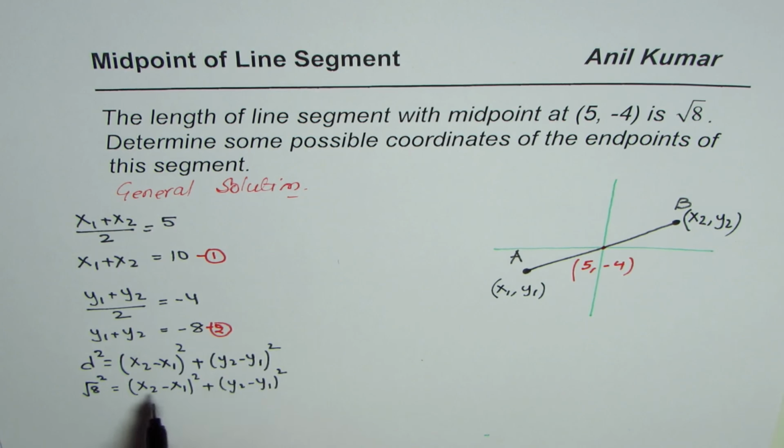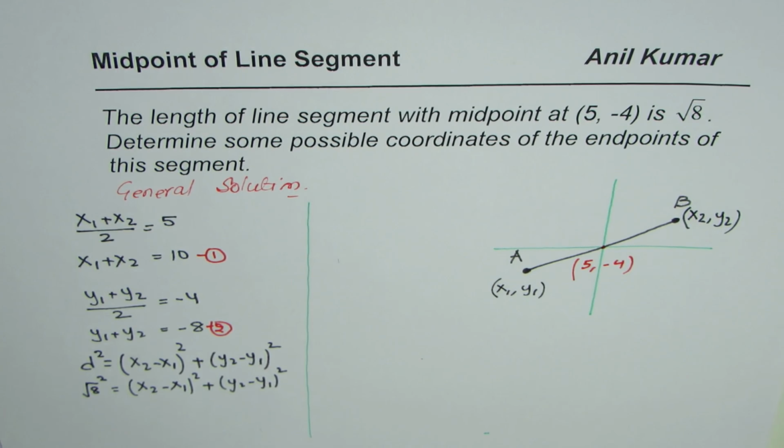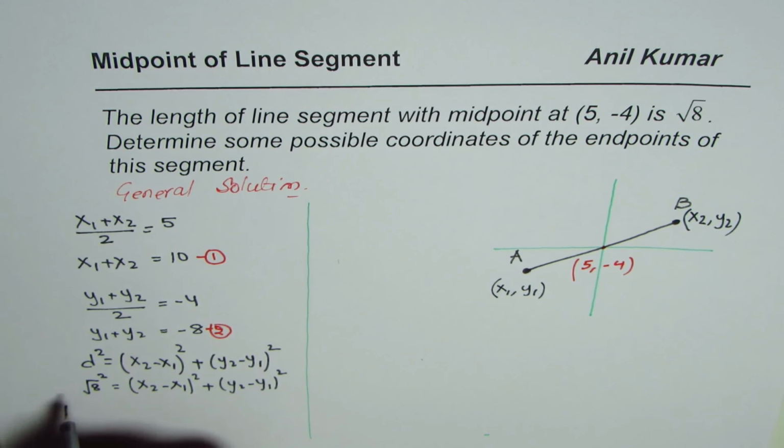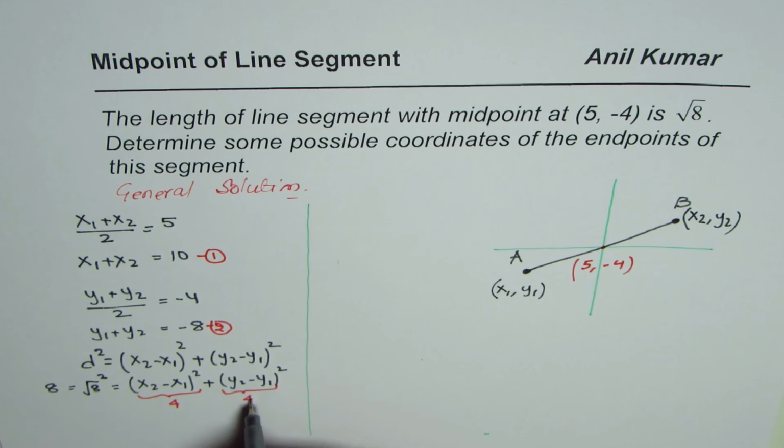Now how to get 2 equations from here? That is the key for solving such questions. What we get here is basically 8 is equal to the sum of squares of 2 numbers. To make our solution simpler, we can say that this square is 4 and this square is also 4. We know 4 plus 4 is 8, right?